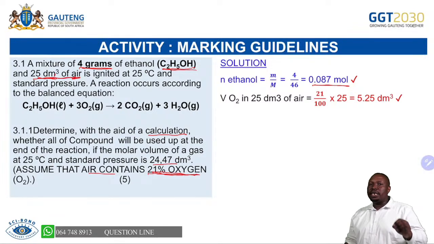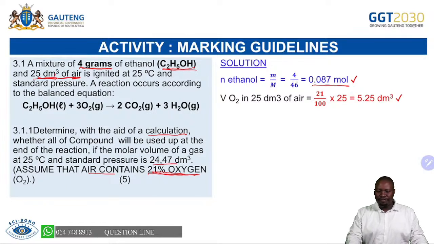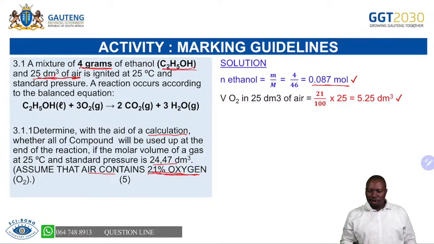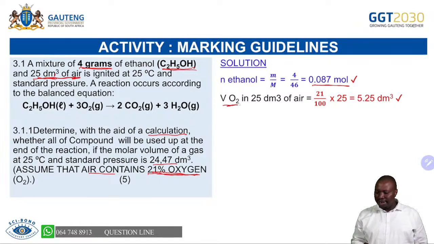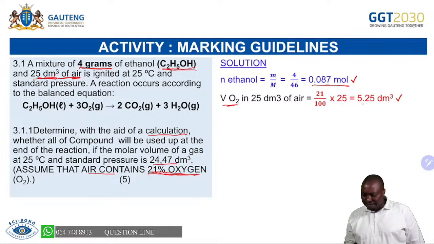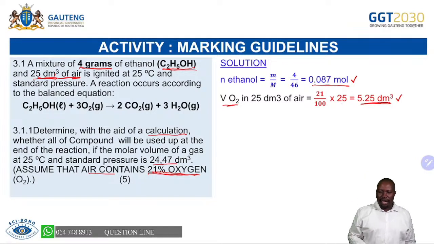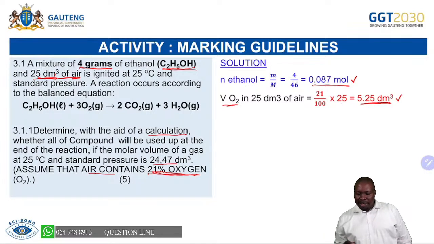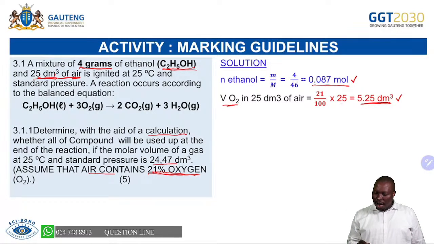Only 21% of that 25 is oxygen. So you must find the volume of oxygen first. How do you do that? You will say 21% of 25. So that will be the volume of oxygen. And you are able to get the volume of oxygen is 5,25 cubic decimeter.